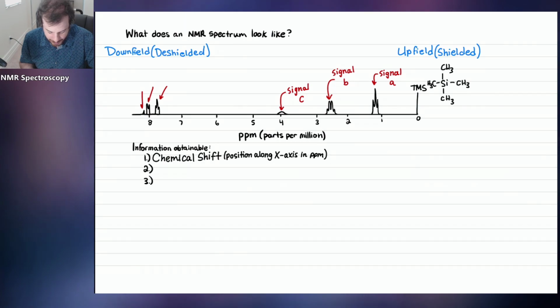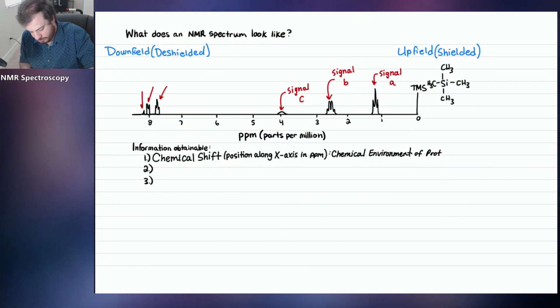So for example, the chemical shift of signal C is 4 ppm. That's it. It's just the position along the x-axis. The chemical shift tells us about the chemical environment of the proton. In other words, it tells us if the proton is in a shielded or a deshielded environment. That's the chemical shift.